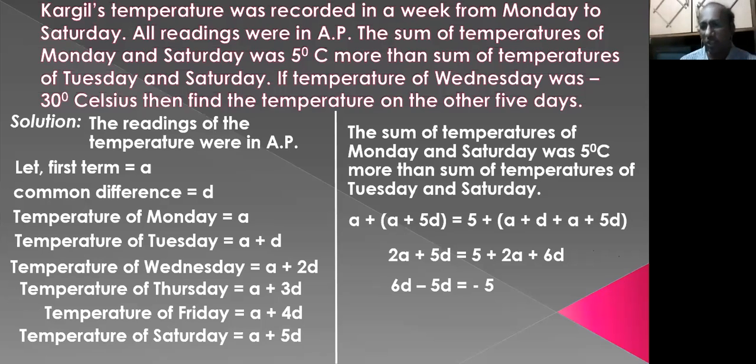Accordingly the signs are changed. And then 6D minus 5D is D, so D equals minus 5. Is that thing clear? Now I have got D, I have not got the answer yet.